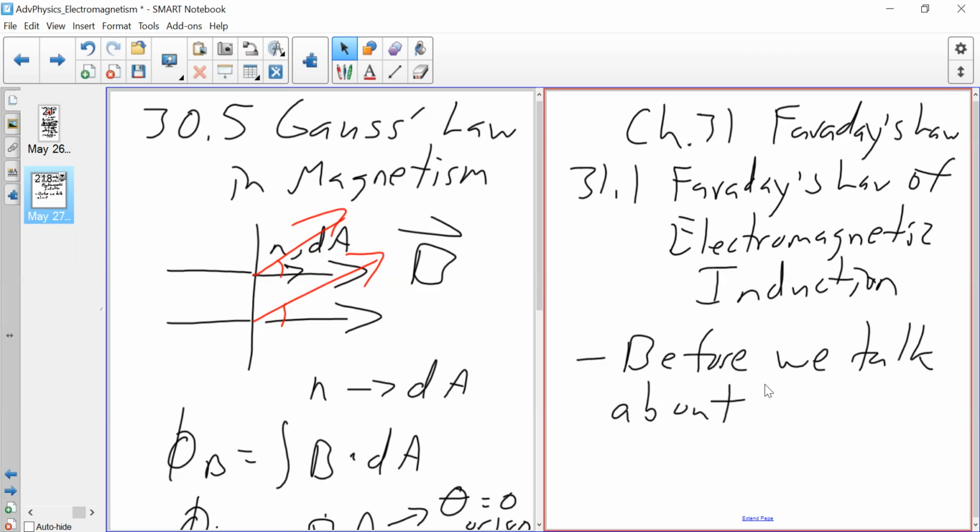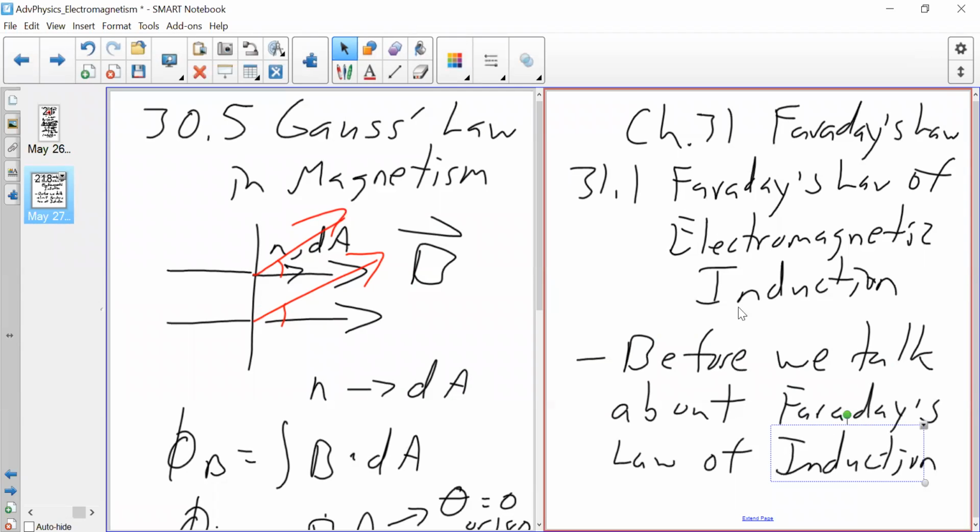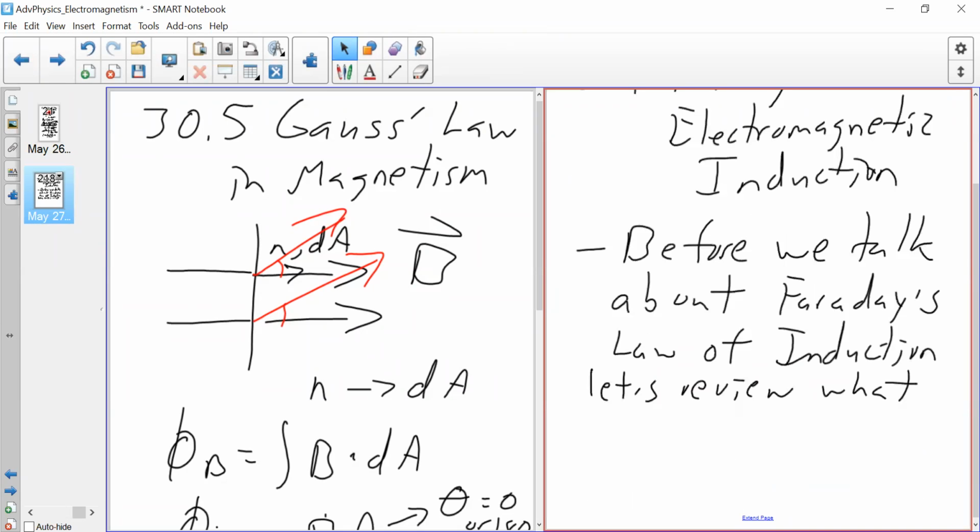Before we talk about Faraday's law of induction, let's review what we know about magnetic fields. Magnetic fields and forces.